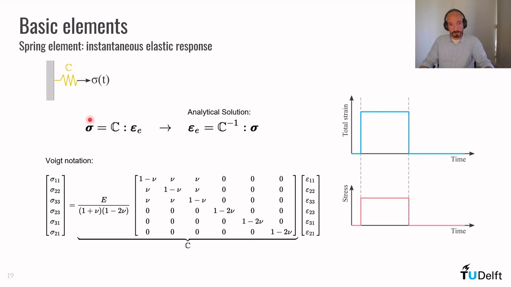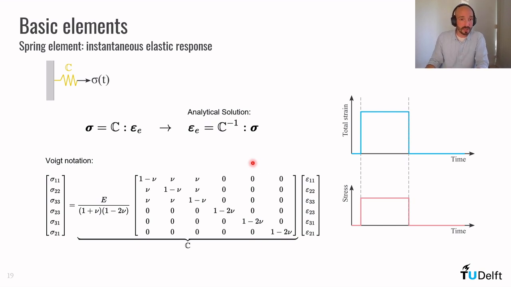So if we know the stress tensor, the elastic strain will be given by this expression here. We just have to take the inverse of the stiffness tensor, which is the same as taking the inverse of this matrix. Often I will refer to the stiffness tensor as the stiffness matrix or the elastic stiffness matrix, because we can represent it by a matrix using Voigt notation.